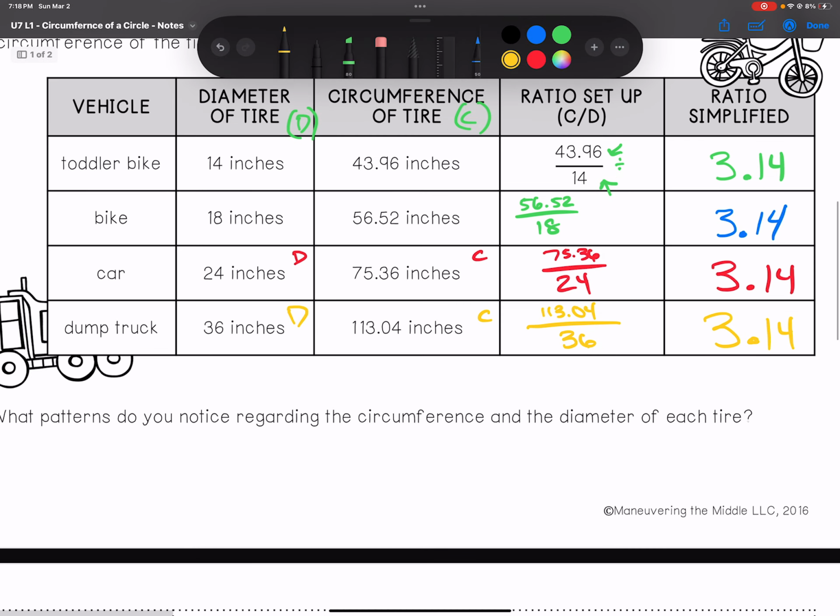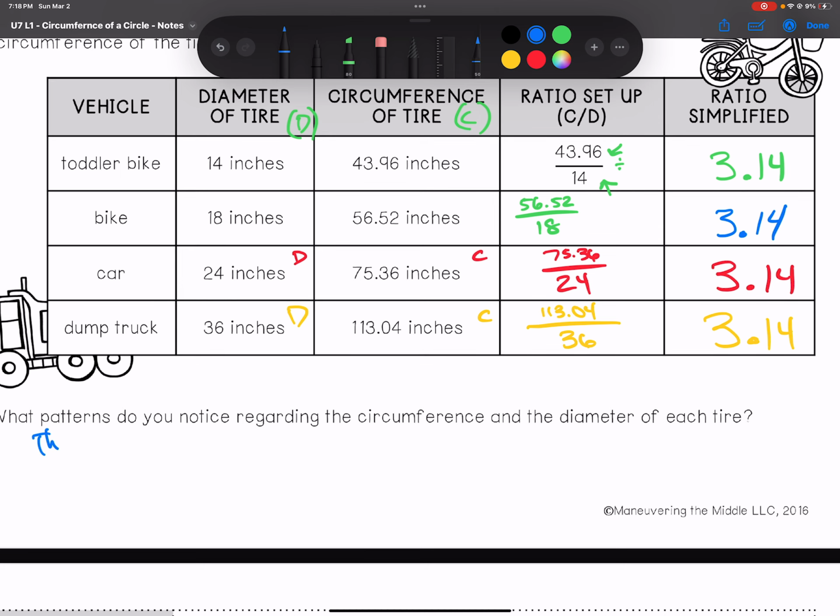While you're still writing that, let's go ahead and answer this next question. What patterns do you notice regarding the circumference and the diameter of each tire? Here's what I want you to notice.